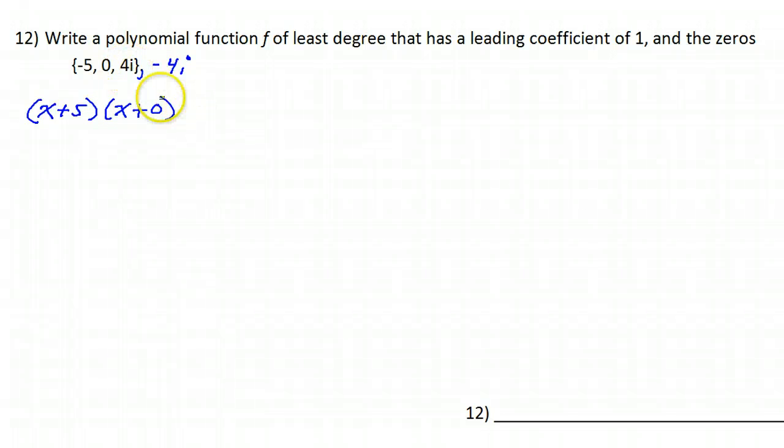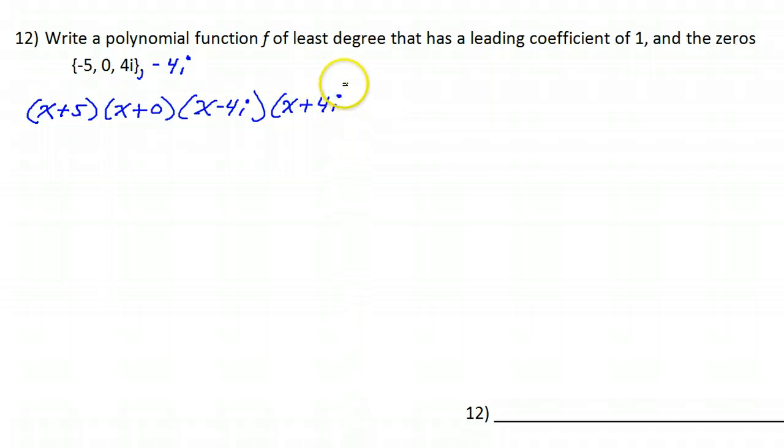A 0 of 4i would come from a factor of x minus 4i. And a 0 of negative 4i would come from a factor of x plus 4i. The only thing I would change a little bit here is the x plus 0. Having plus 0 is silly. It's just x.